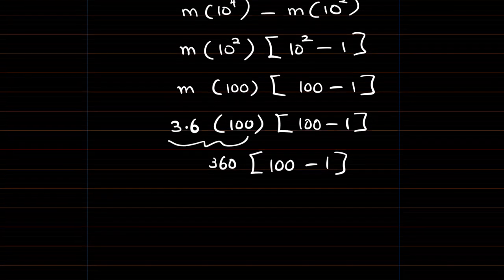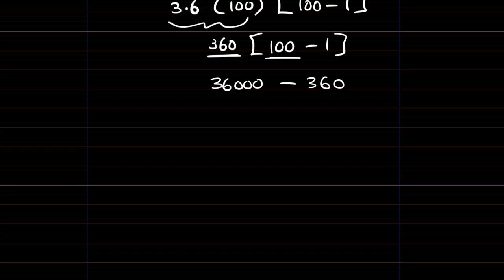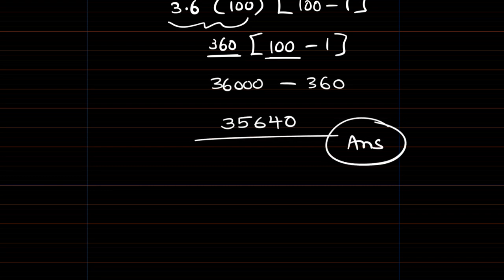And then I need more space over here. So this is 360 into 100. That is 36,000 minus 360. So that comes out to be 35,640. That is the final answer for this part. Yes, it was a difficult question.